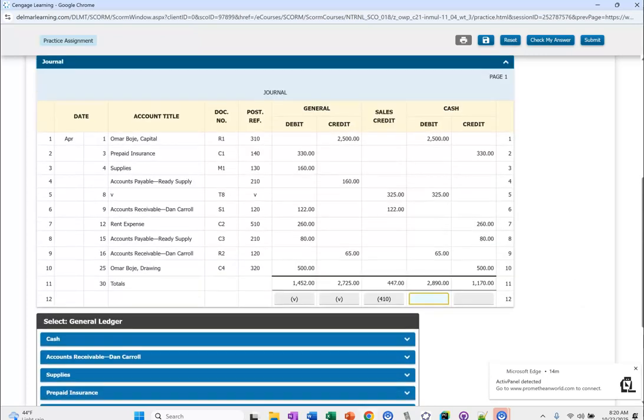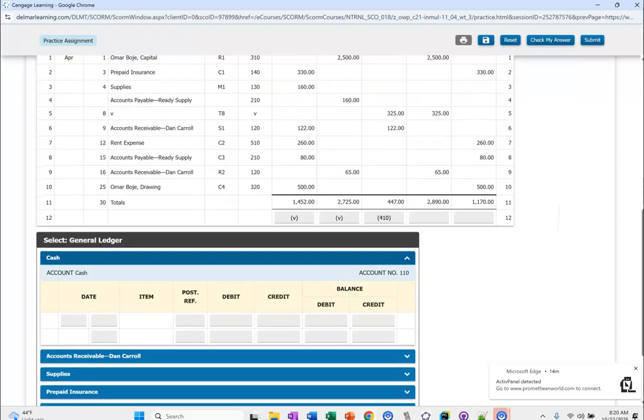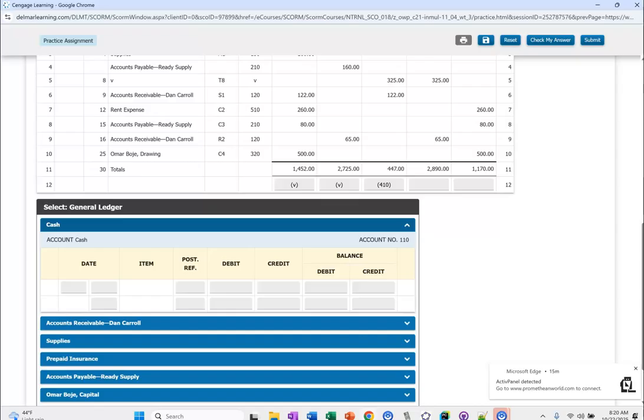So now we're going to go to the cash debit. Where am I going to record the cash debit? What account? Where in my ledger am I going to do that? In the cash, yeah, for sure. So we start with our date. Again, the totals are on April 30th. The post reference is the page number from the journal.